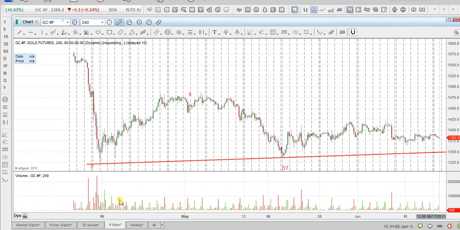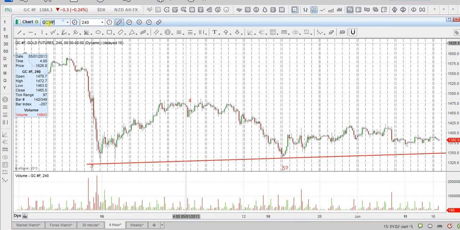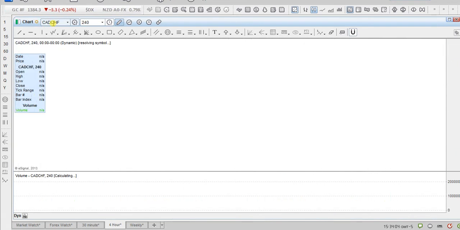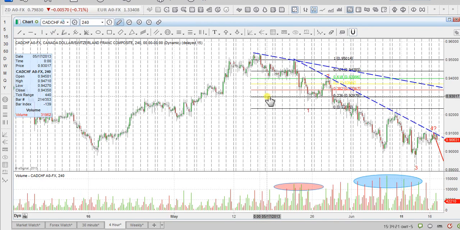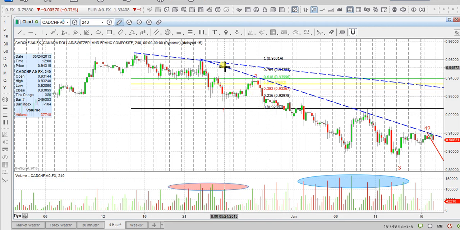Because if we jump out and take a look at this pair on a larger time frame, we see that we had wave 1, 2, 3, and 4.